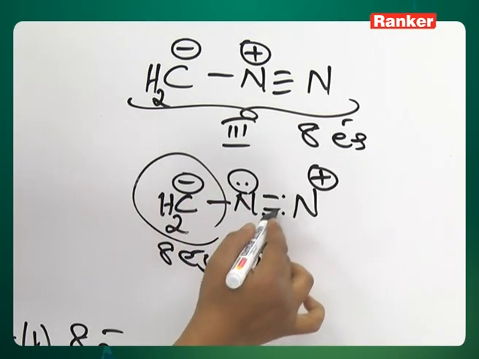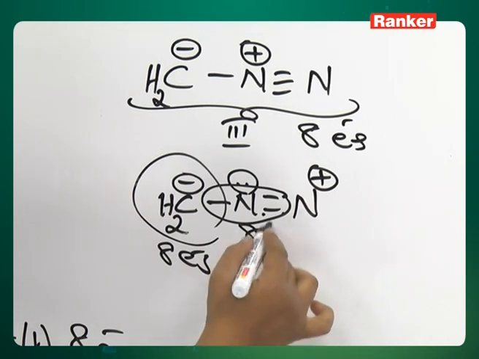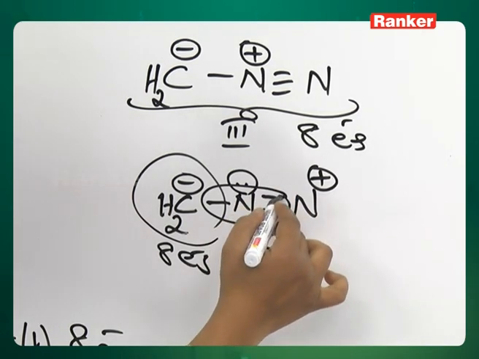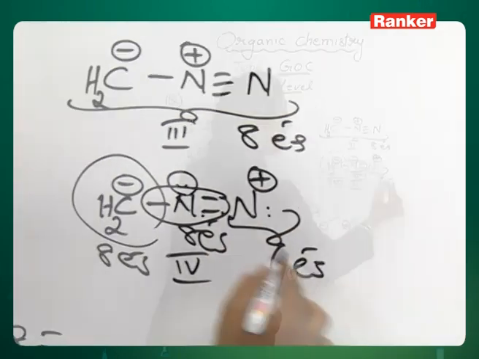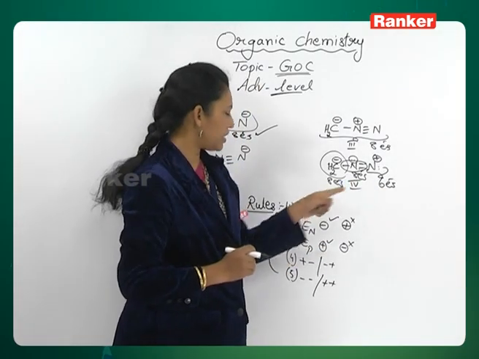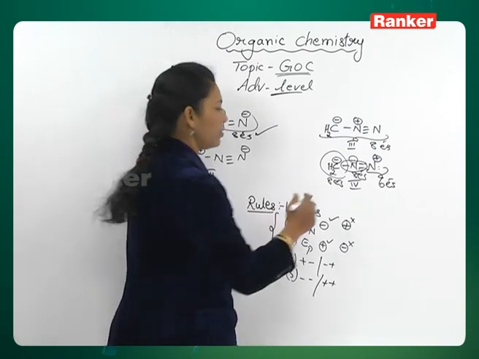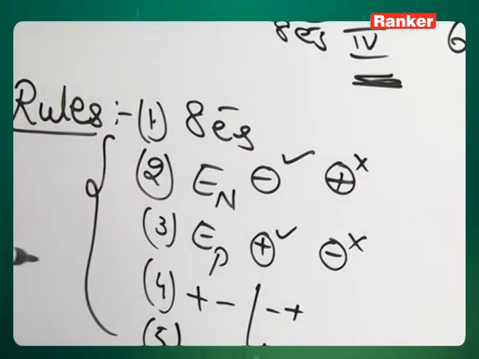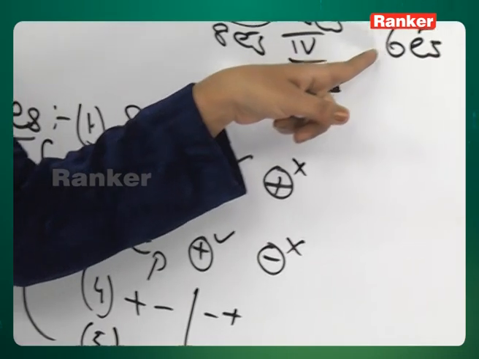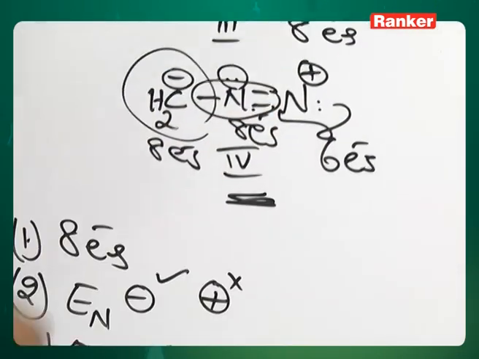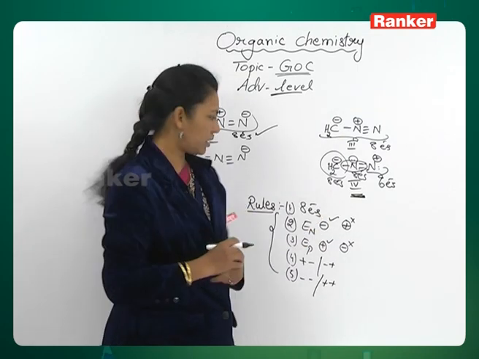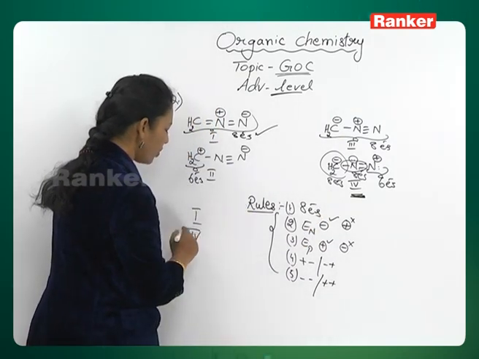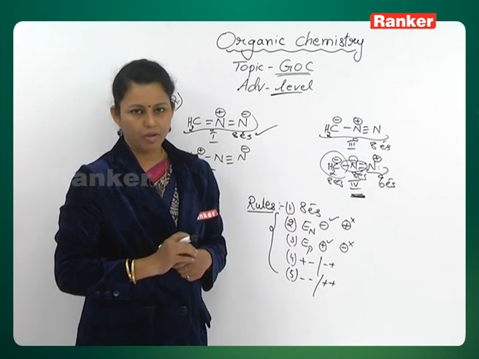But this other nitrogen has only 6 electrons, so it is not satisfying the octet configuration. At the same time, nitrogen is carrying a positive charge, though the more electronegative atom should not carry positive charge. That means we can take the fourth compound as the least stable compound.